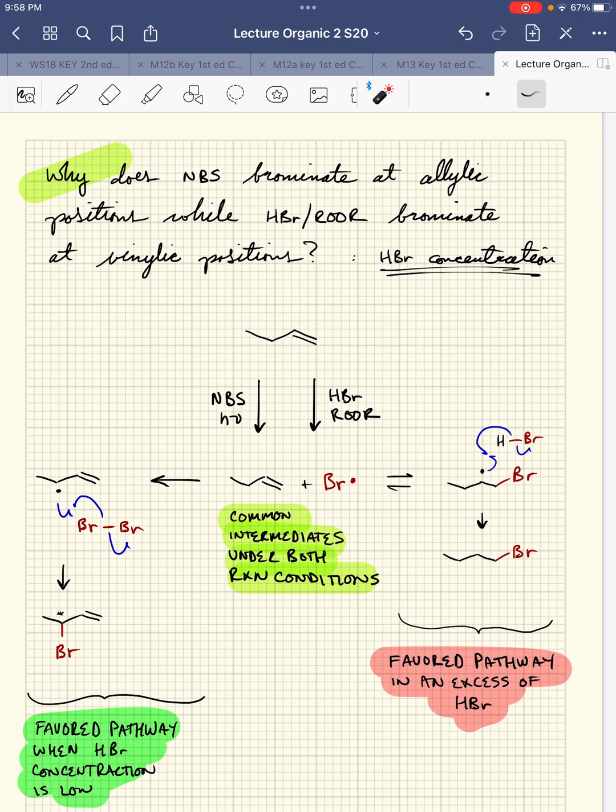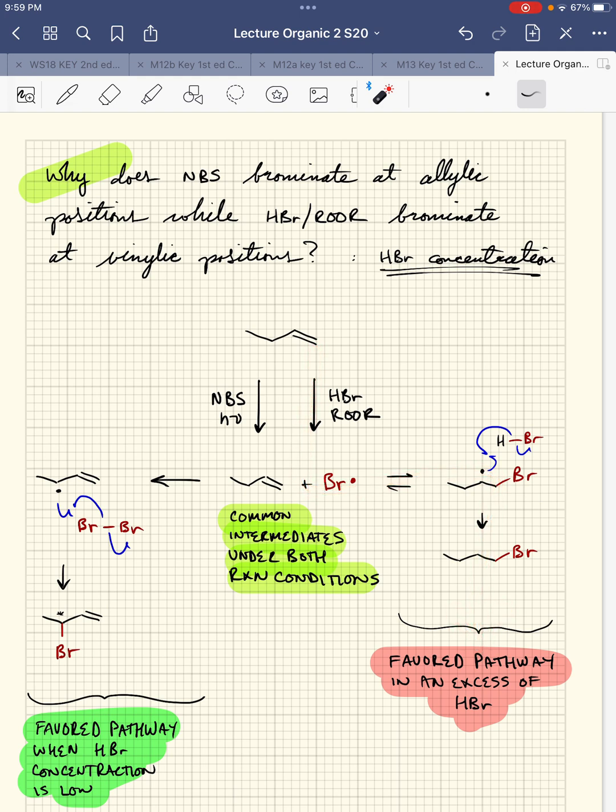Real quickly, I thought it worth our time to discuss why it is that NBS reacts at the allylic position rather than across the alkene. In a nutshell, it has to do with the concentration of HBr in solution. When the concentration of HBr is high, under conditions that favor formation of radicals, reaction across the pi bond is favored, and that's shown here on the right-hand side.